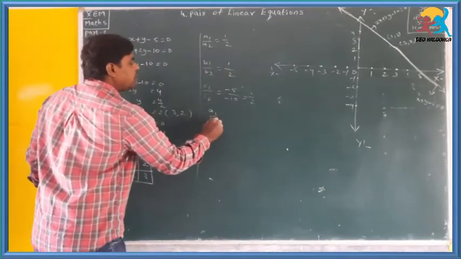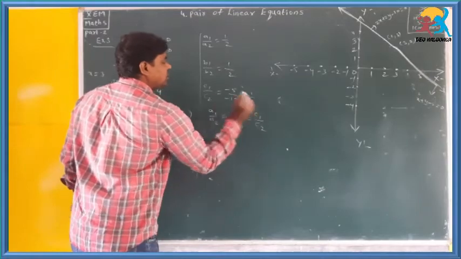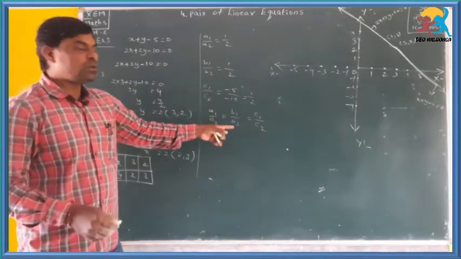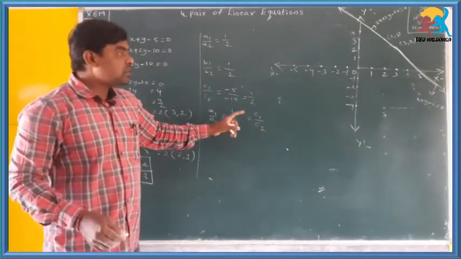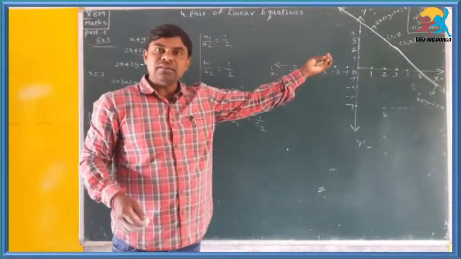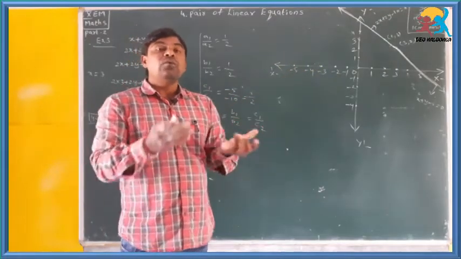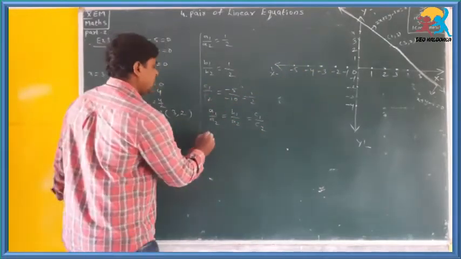Here a1 by a2, b1 by b2, c1 by c2 all are equal. When these ratios are equal, the two lines are not parallel, not intersecting, but they are coinciding with each other.